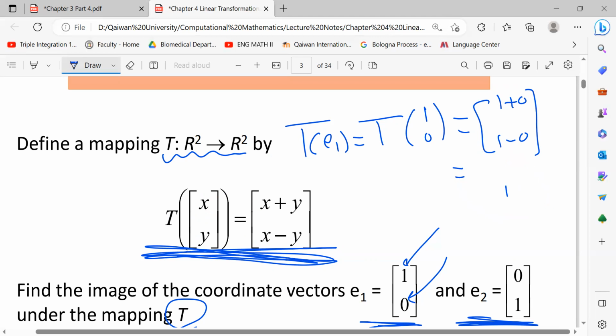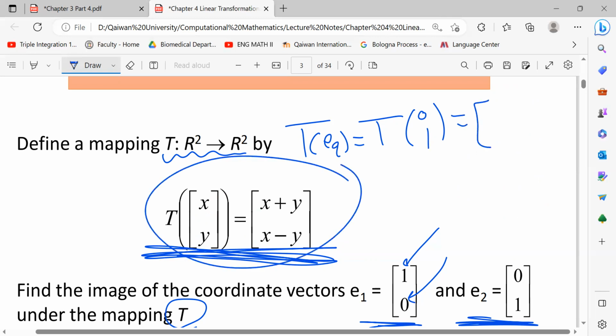For the second one, T of E2 is T of (0, 1). This equals what? We apply the same definition. First plus second, which is 0 plus 1. Then, in the second entry, we have first minus second, which is 0 minus 1.